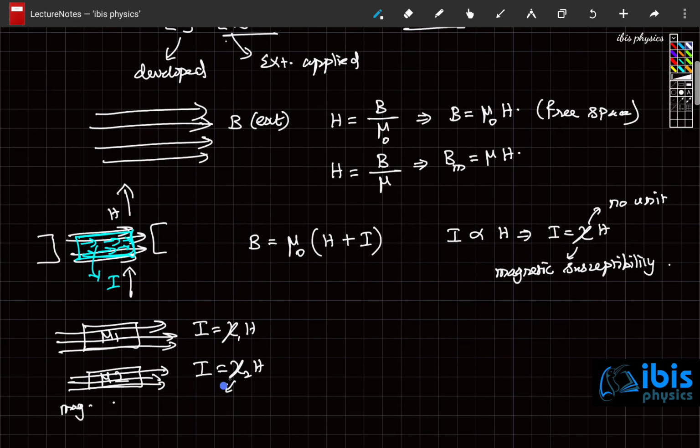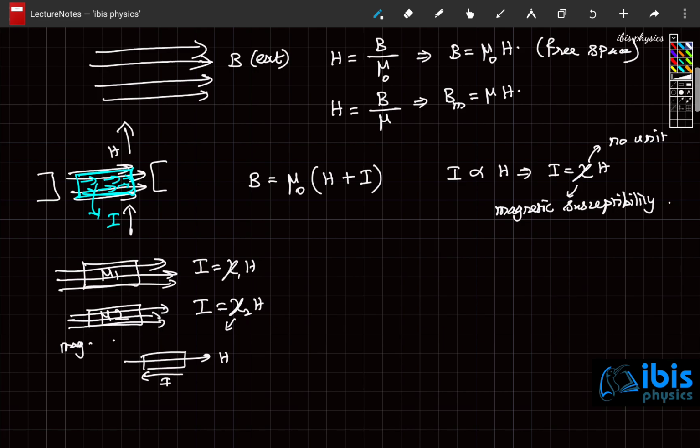Some magnetic materials have negative susceptibility. That means when you apply a magnetizing field in one direction, they develop intensity of magnetization in the opposite direction. So the susceptibility is negative for such materials. Those materials are called diamagnetic materials.